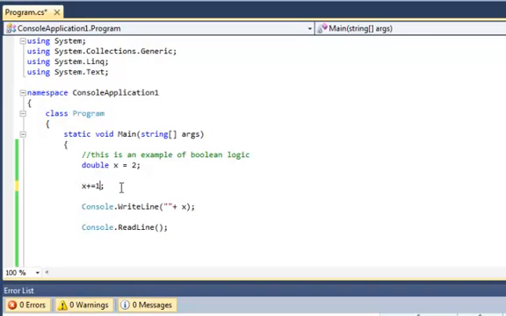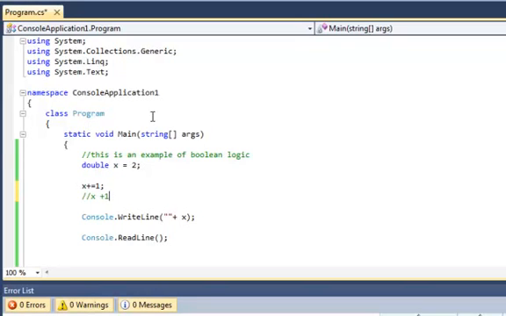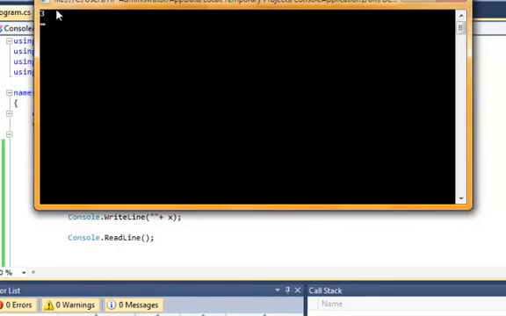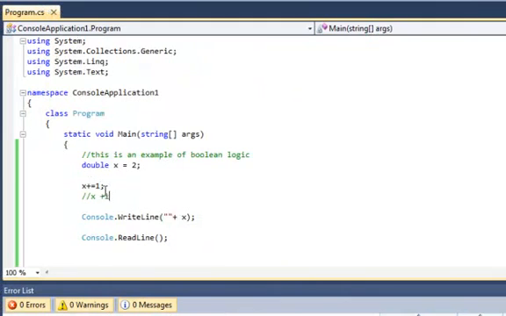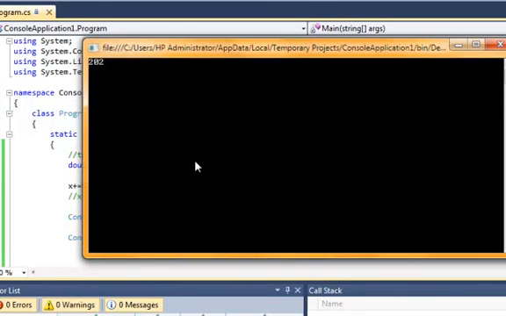This is basically the same as saying x plus 1. Which is fairly simple. So, when I run it, we once again get 3. But I could replace this with something like 200, and instead we'd get 202.